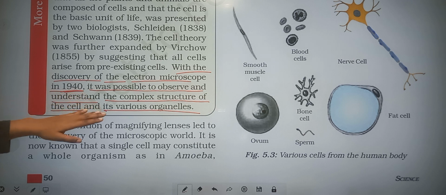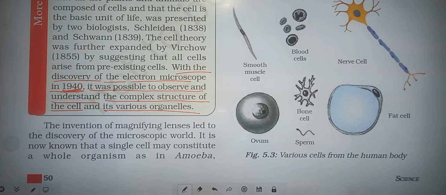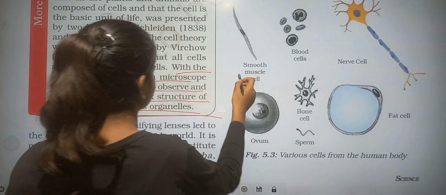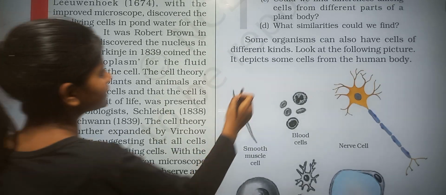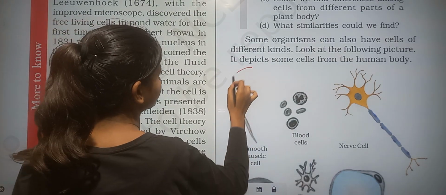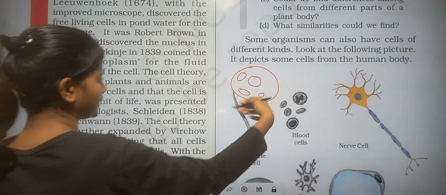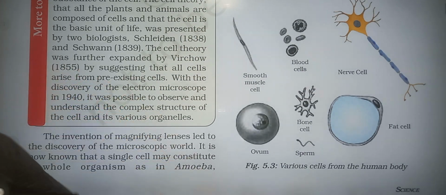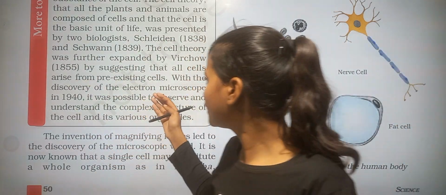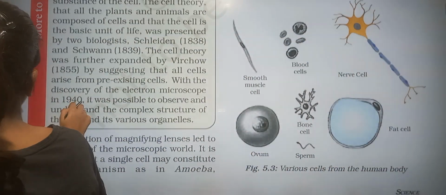It is possible to see the organelles of the cell and the complex structure of the cell, with the discovery of the electron microscope in the year 1940.